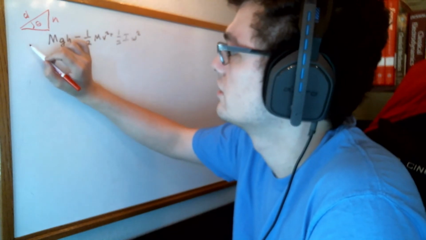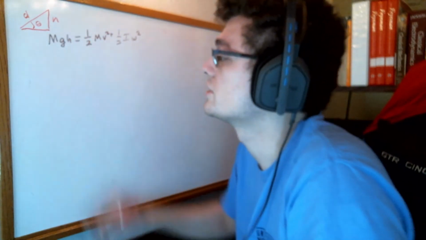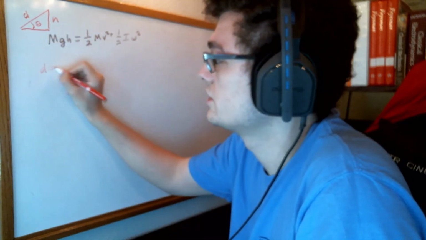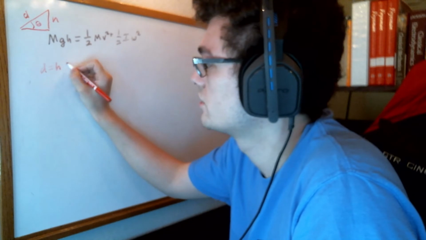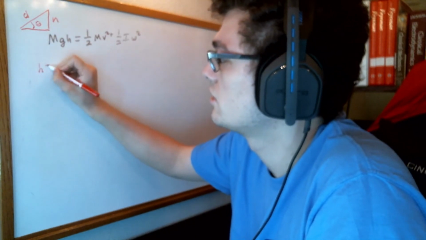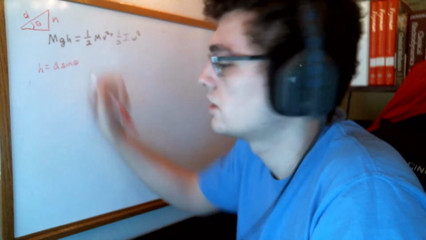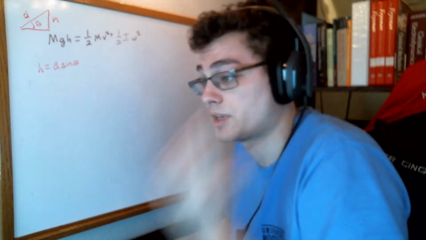And so then we have what h and theta are. So this is going to be our opposite. So we can say that h is equal to d sine theta. So we can replace our h's with that.